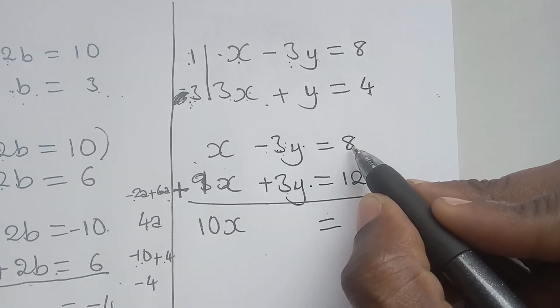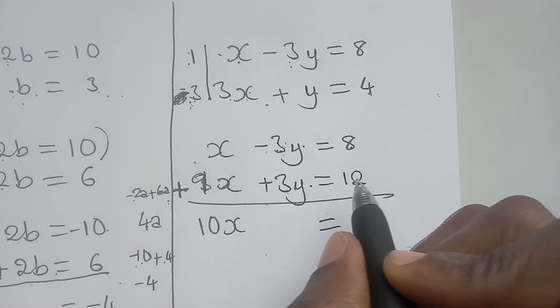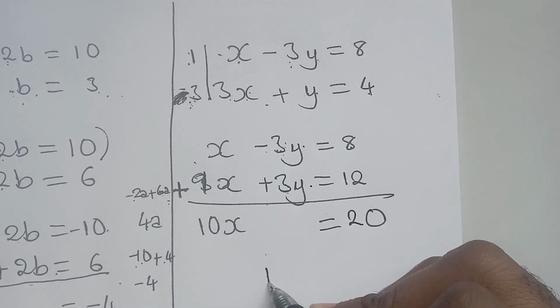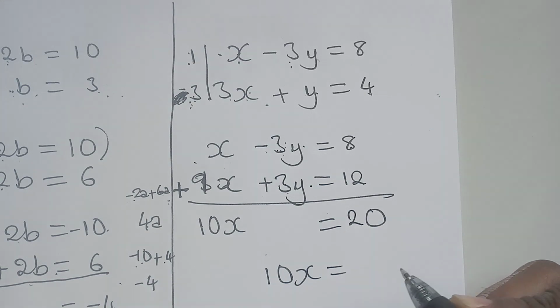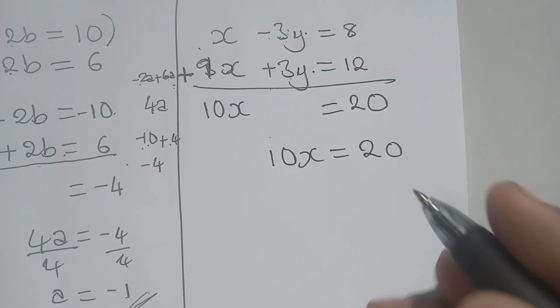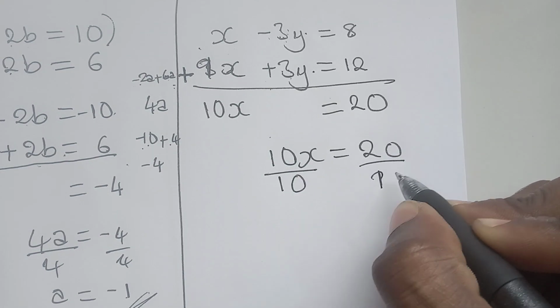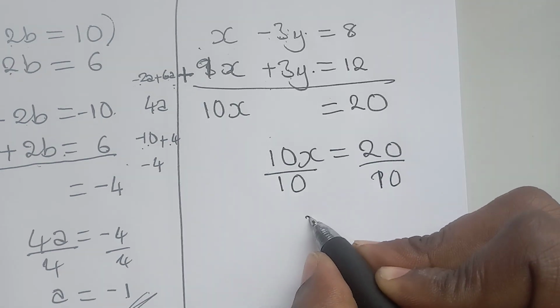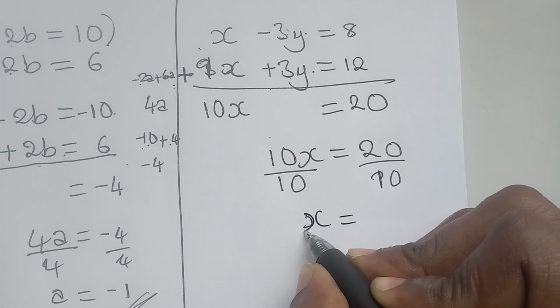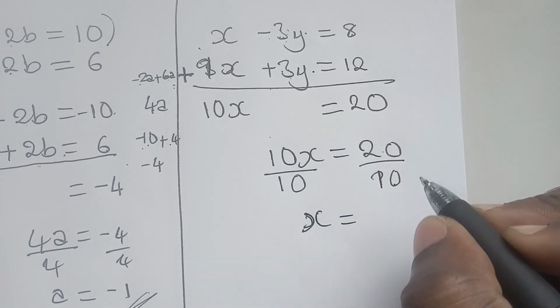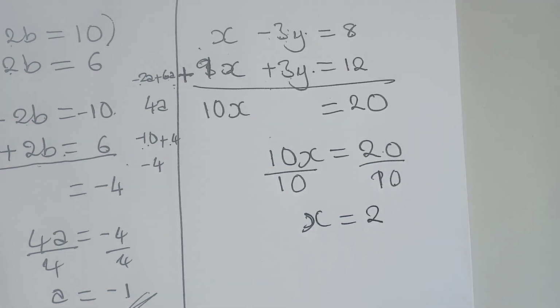And then we have 8 plus 12, this is 20, and then this is like 10x is the same as 20. And then to solve for x, as you may have guessed, you can simply divide both sides by 10. And then you have x is the same as 20 divided by 10, this is 2.